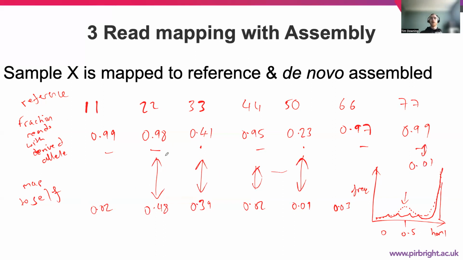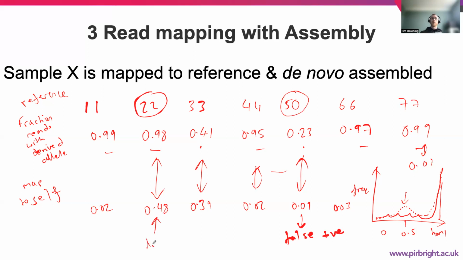So what we might then do is say, okay, for sites 22 and 50, where's the difference? I need to look at what's going on. You might think, is this a false positive SNP in our reference mapping? And this one appears to be real, because if it's 0.48 when you map it to itself, it's definitely a change.